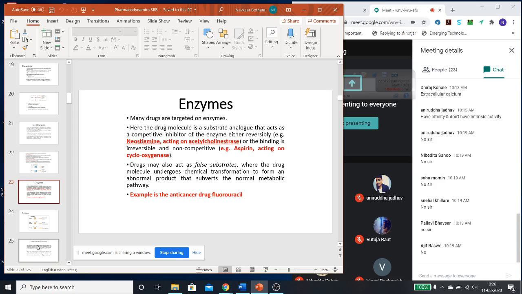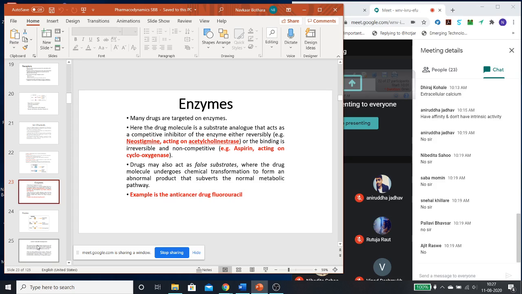Anyway, what is important is that this is one of the methods of drug action, and it involves either activation, or increase or decrease in the enzyme activity. So there are many drugs which target enzymes. For example, if you have studied the ANS in physiology, adrenaline is metabolized by an enzyme known as MAO, that is monoamine oxidase.